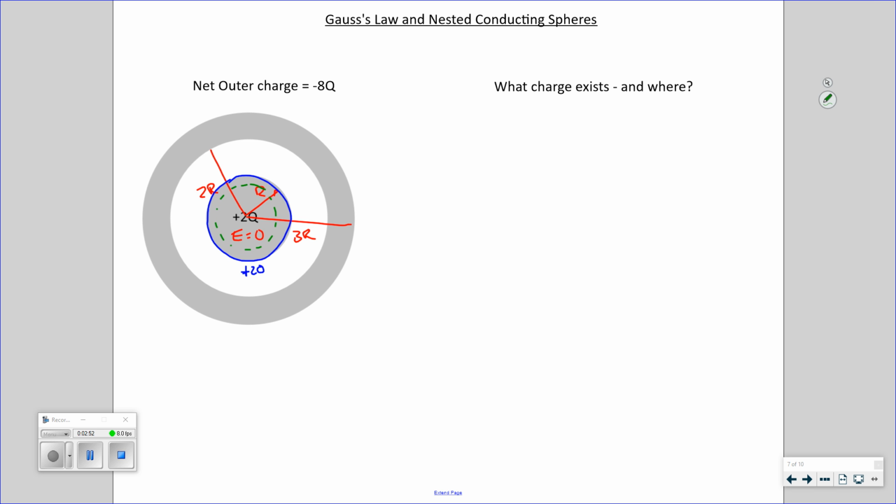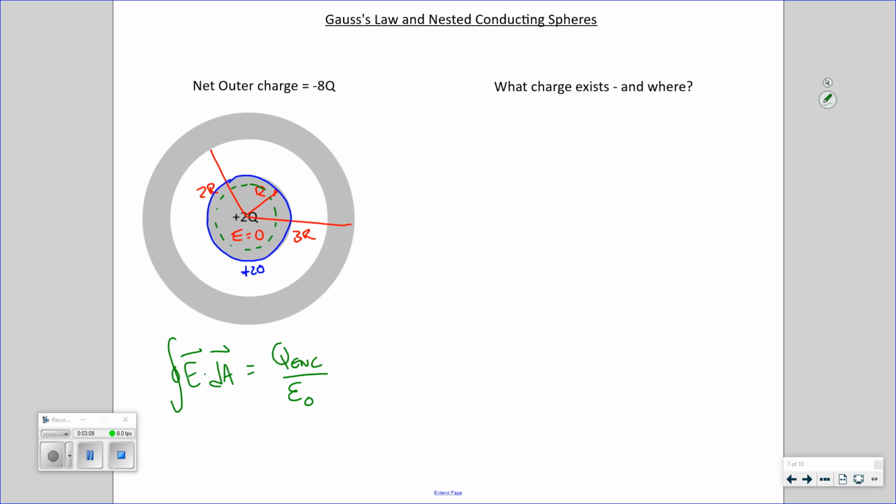Gauss's law says that the surface integral of E dot dA is Q enclosed over epsilon naught.